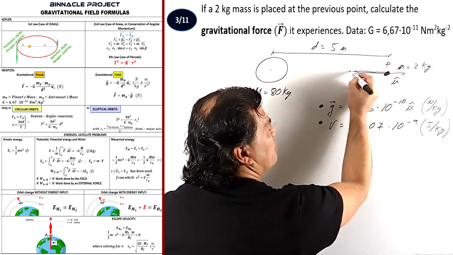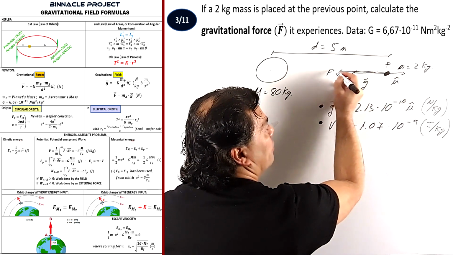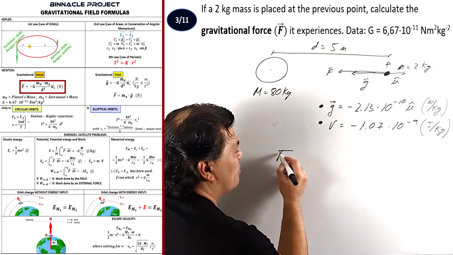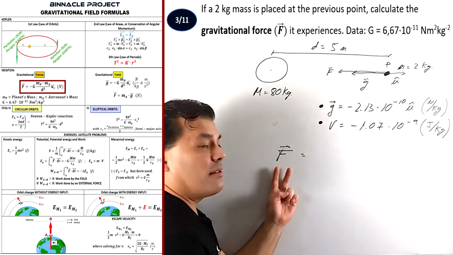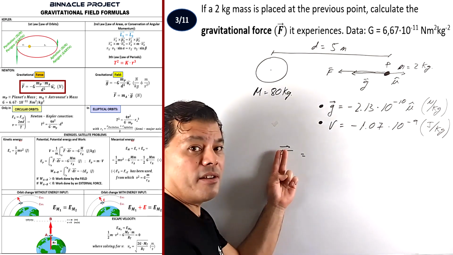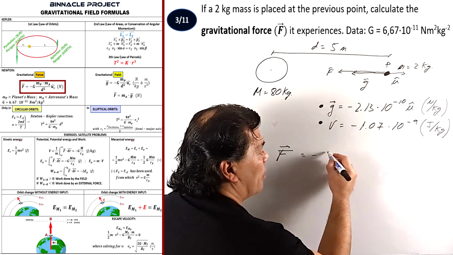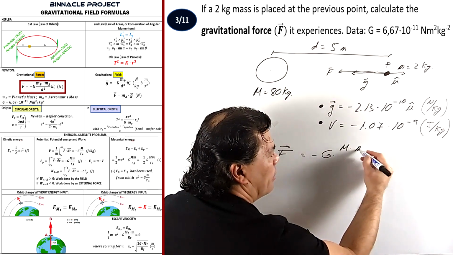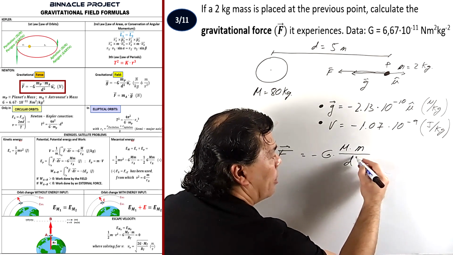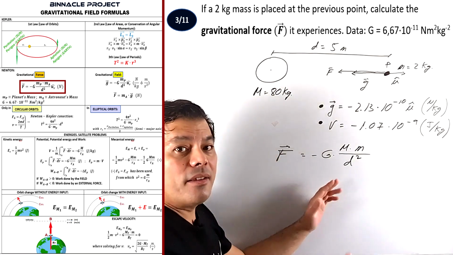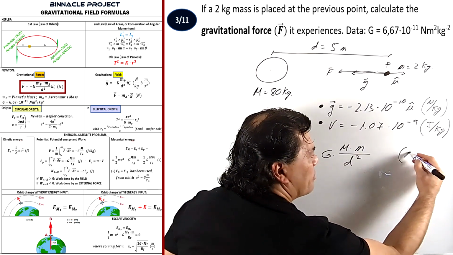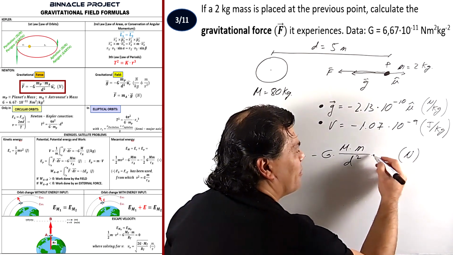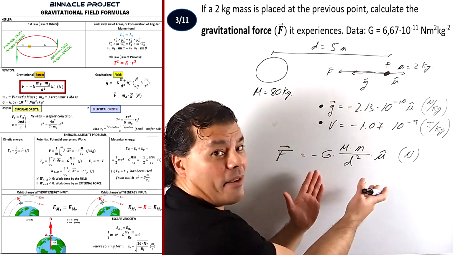This is the force, the vector force that it is going to experience. And this is the formula that we are going to use. The force, as it is a vector, please don't forget this little sign, equals negative G multiplying the big mass, the little one, divided by the square of the distance again. And units, newtons. And as this must be a vector, don't forget to place here the unit vector.